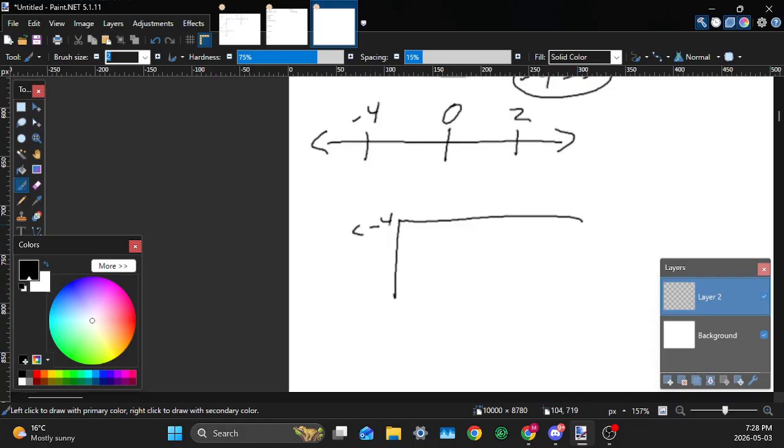Less than negative 4. Negative 4 is less than x is less than 0. 0 is less than x is less than 2, and greater than 2.